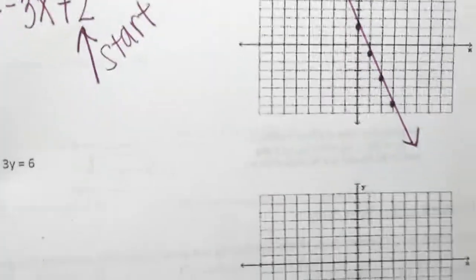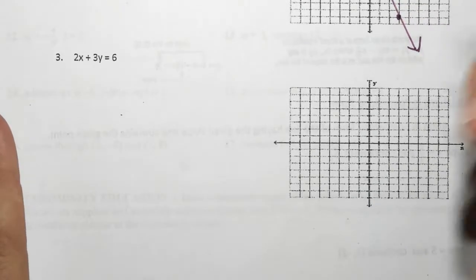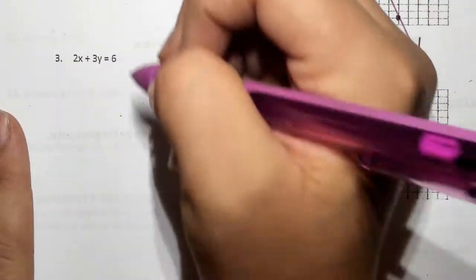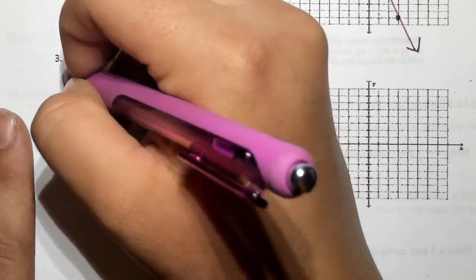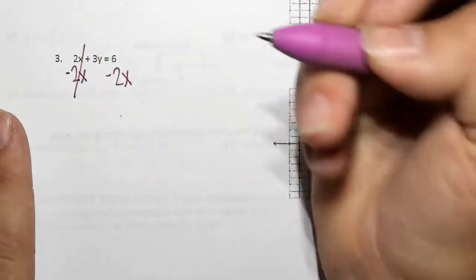Okay, let's try number 3. Now, there's 2 steps in number 3. What's the first one? You have to move 2x. And it's positive right now, so subtract it from both sides. So it'll cancel out right here.